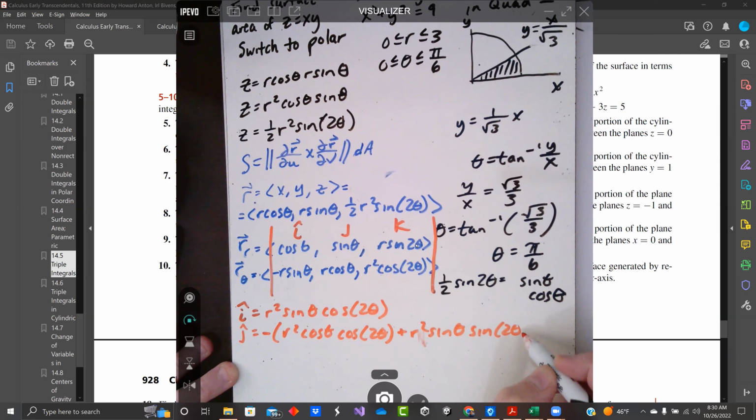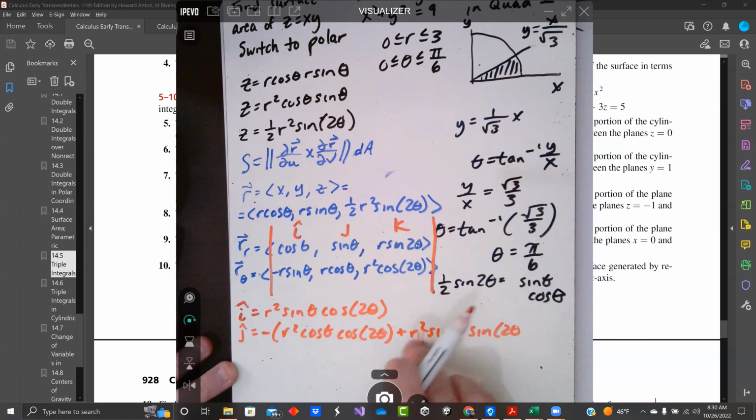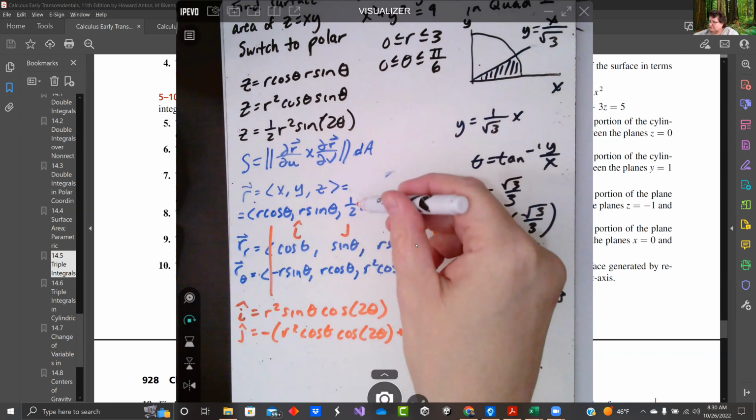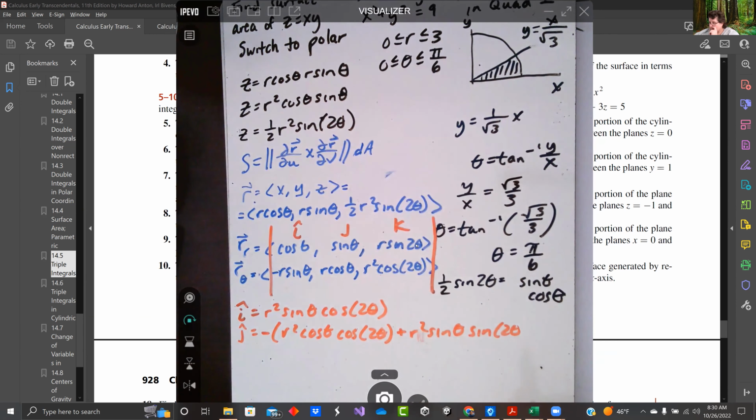Mr. Jones, I don't know if I'm wrong, but is the derivative of r squared sine 2 theta 2 r squared cosine 2 theta? Say that again? We're not missing a 2 on the r squared cosine 2 theta from when we took the derivative? There was a one half. The 2 hits the 1/2 and cancels. And then you took the derivative again to go from r to r theta on the cross product.